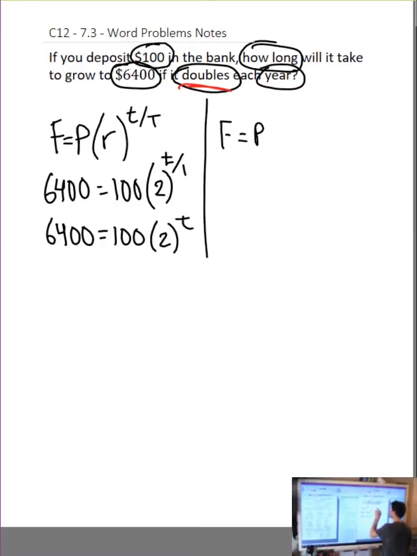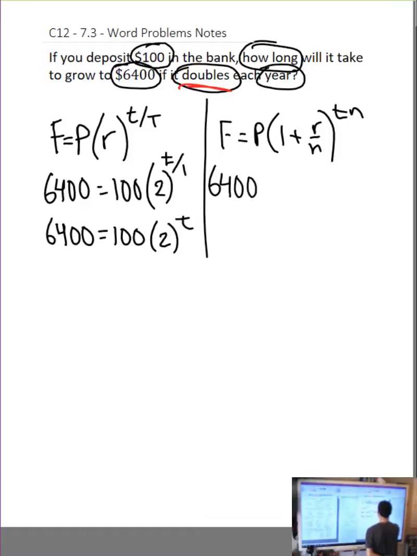So F equals P open bracket 1 plus r over n, to the exponent tn. Now, we have a future value of 6,400, the same, equals a present value of 100. Notice the same so far. Now, if we're doubling, well, what's our rate?